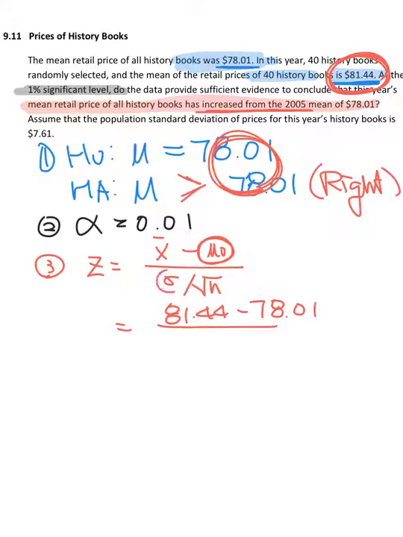And now we need sigma. Sigma is also given. Can you see the sigma? At the end, it was assumed 7.61 over square root of how many sampled? 40.